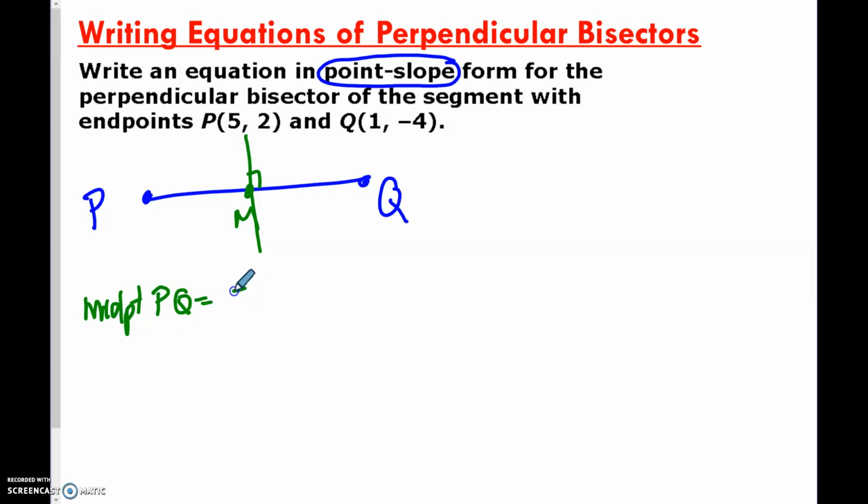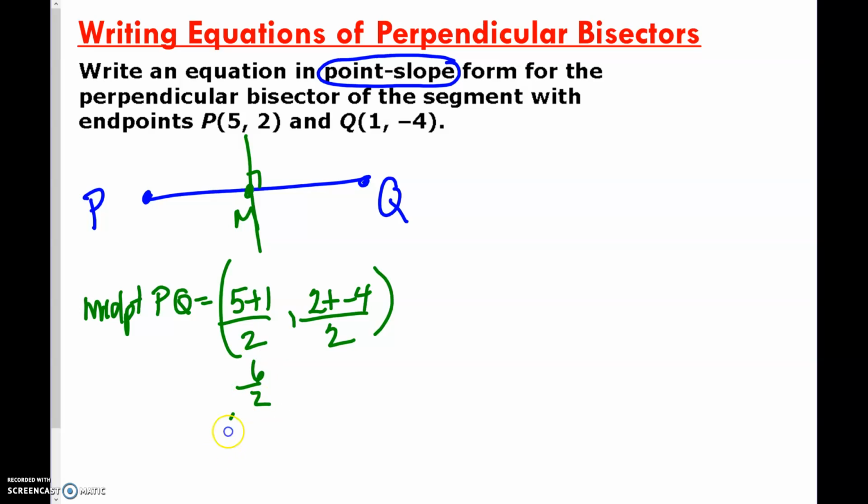So to do that, I'm going to take 5 plus 1 and divide by 2, and 2 plus a negative 4 and divide by 2. So what's that? 6 divided by 2, so I get 3. 2 plus a negative 4 is negative 2 over 2, so the midpoint is at 3, negative 1.